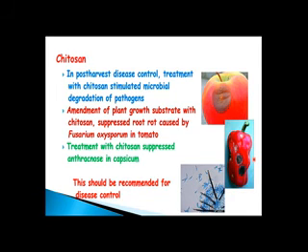In post-harvest disease control, treatment with chitosan stimulated microbial degradation, amendment of plant growth substrate with chitosan suppressed root rot caused by Fusarium in tomato, treatment with chitosan suppressed anthracnose in capsicum, found by Dr. Rajapaksha. This should be recommended for disease control forthwith.